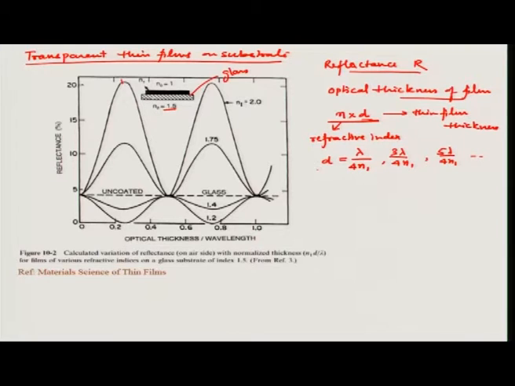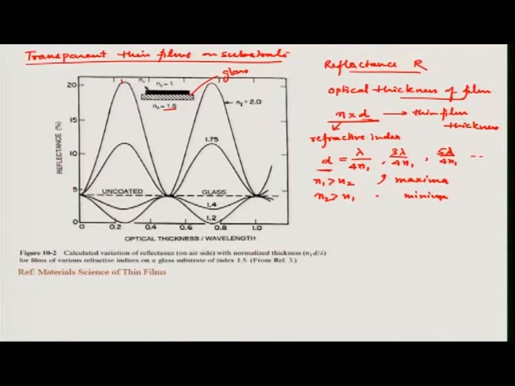If my d satisfies any of these conditions, then I will get maximum reflectance. This is if N1 is greater than N2, you will get maxima at these. If N2 is greater than N1, then you get minima at these.